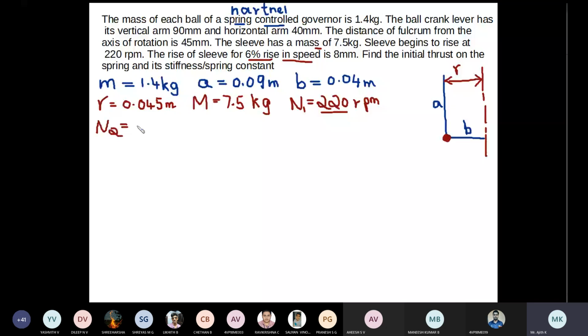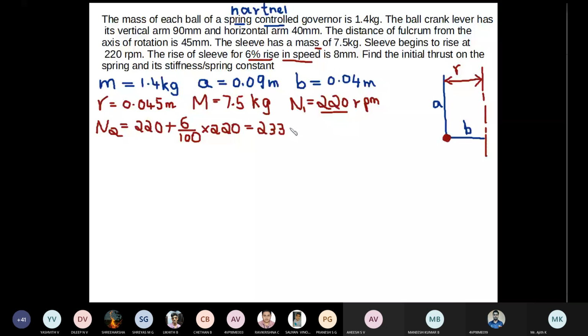So N2 is given by N1 plus 6% of N1, that is 6 by 100 multiplied by N1. This will be the N2 value. N1 plus 6% greater than N1, the answer you will get is 233.2 rpm.